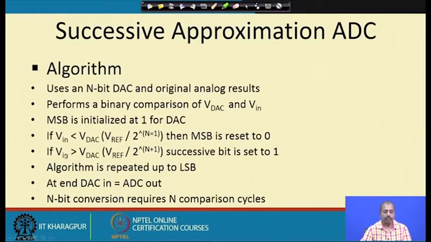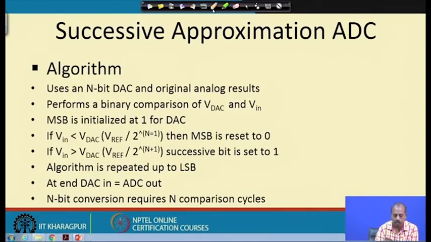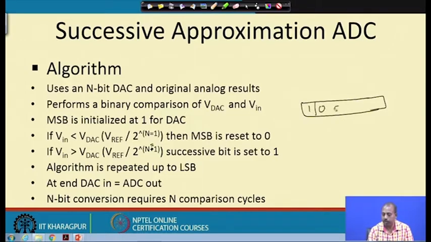On the other hand, if V in happens to be greater than VDAC, where n equal to 1, that is, if this comparison fails and V in is not less than VDAC. This is a bit confusing here, so we should better say that if V in is greater than VDAC, where n equal to 1, that means previously we have set this MSB to 1 in the SAR register and all other bits were 0.